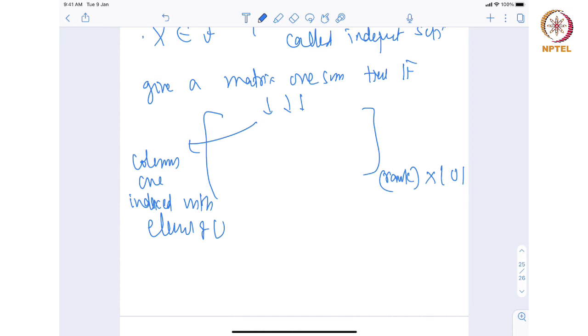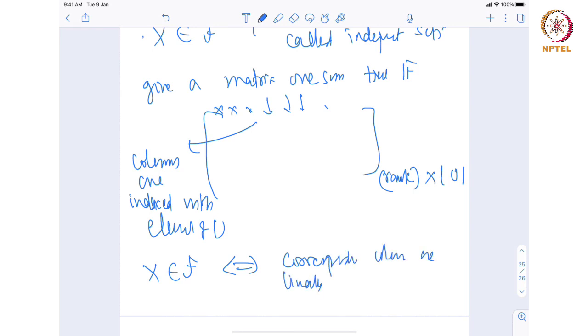X is in F if and only if the corresponding columns are linearly independent over F.